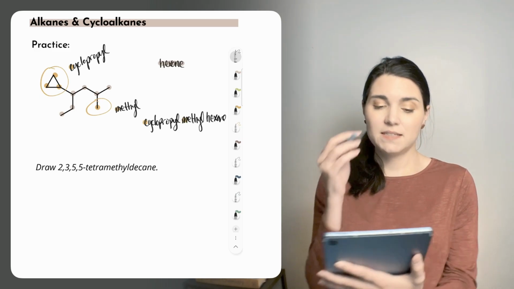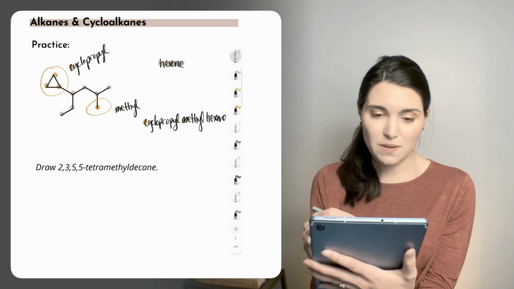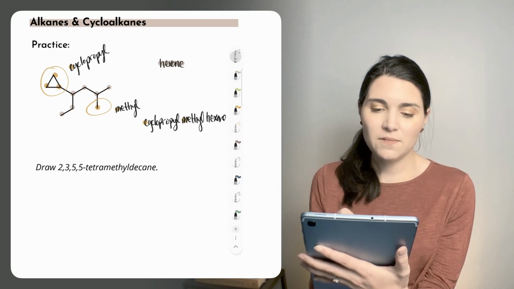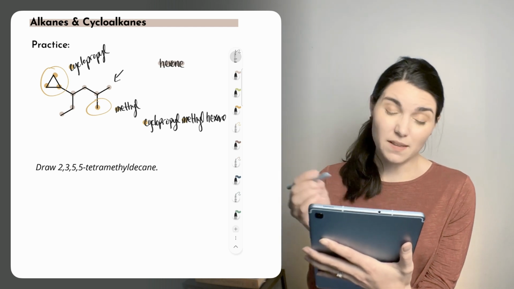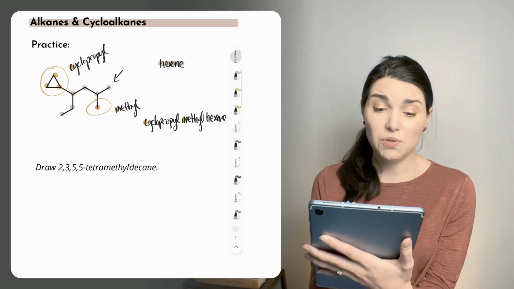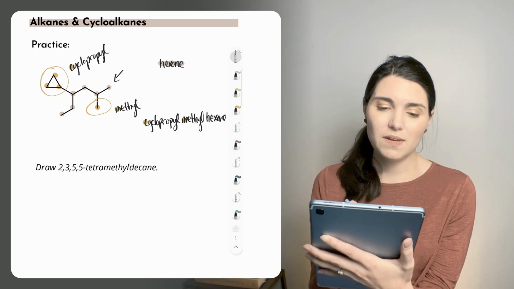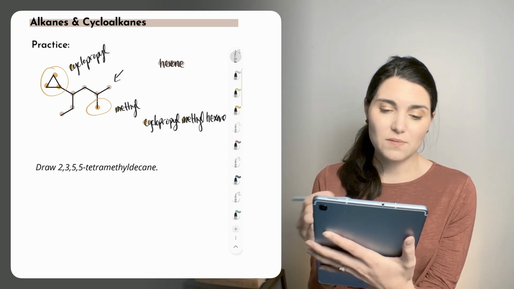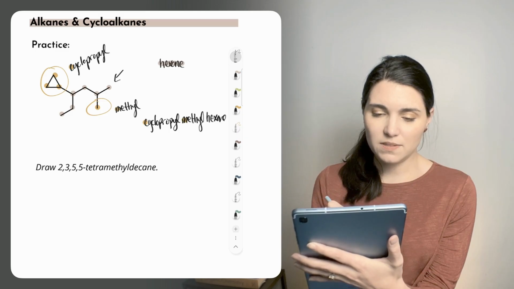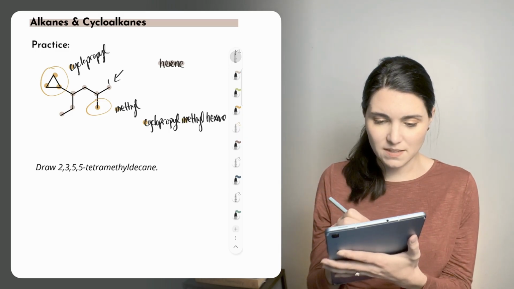All right. So I'm going to do this one sort of just by observation. I can already see that if I number from the right going to the left and down, I'm going to get a 2 for the methyl. And if I start the other way, the best locant I'm going to get is a 3. So I can just automatically go this way because I can visually see that this is going to give me lower numbers.